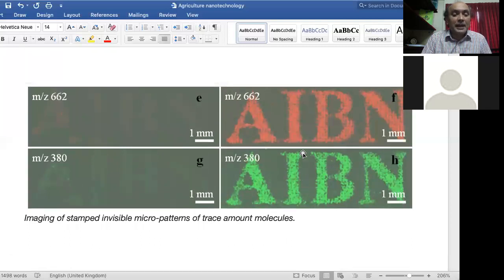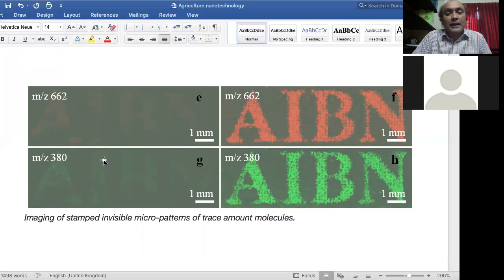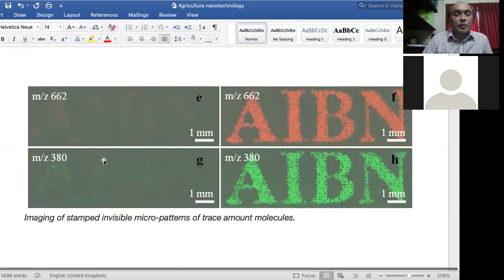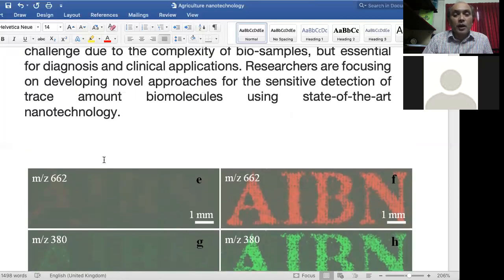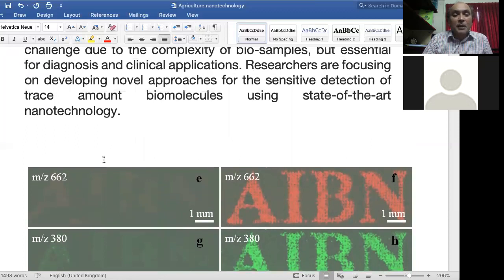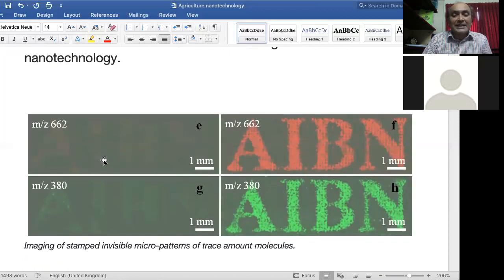So imaging of samples, invisible micro patterns of trace amounts in the samples, is another important tool. We can visualize biomolecules in root tissue or plant tissue or animal tissues or even human tissues. That would be used for clinical purposes or diagnosis of diseases, because for certain diseases, certain metabolites and toxins are produced.